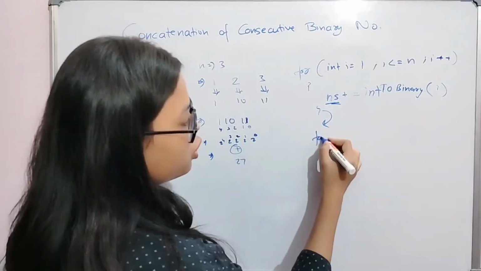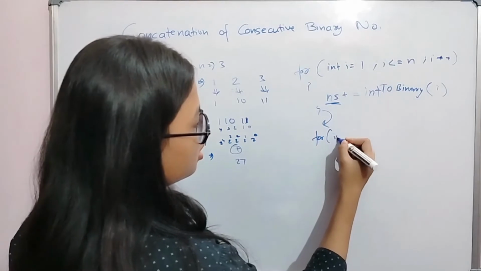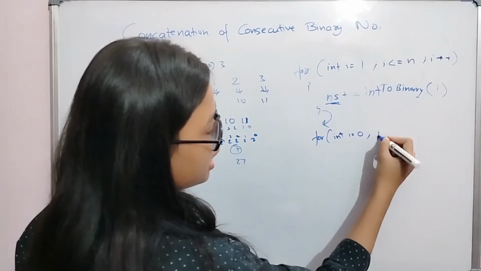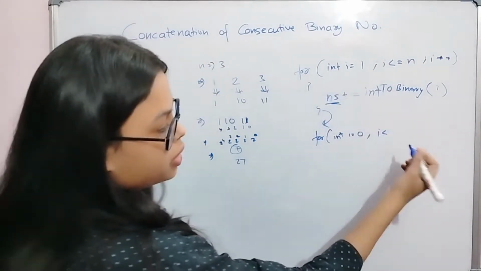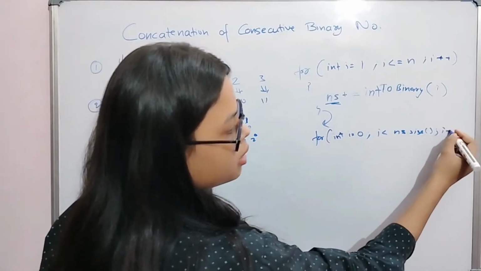We'll just have a for loop with int i equals 0, i less than newString.size(), i plus plus.